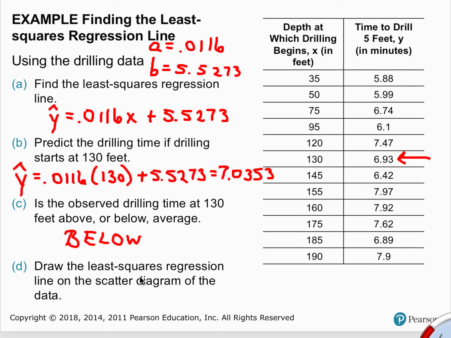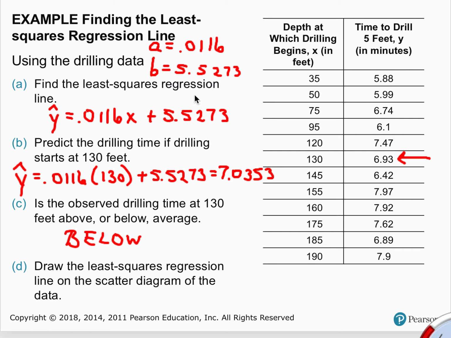Then it says draw the least squares regression line on the scatter diagram of the data. Okay, so if we're going to do that on our calculator, remember you go in Stat Plot and turn your plots on. And then if you do your ZoomStat, which I believe is 9, it shows you your scatter diagram. Then that first one where it says y equals, enter your equation in there.